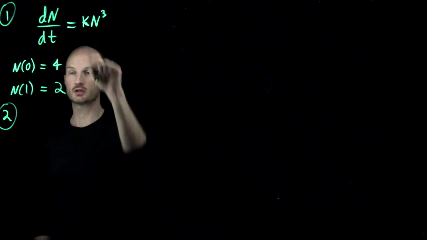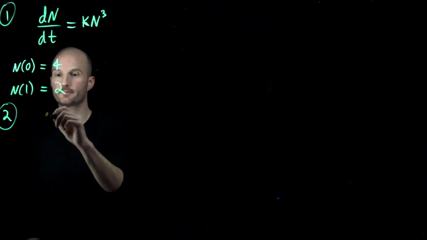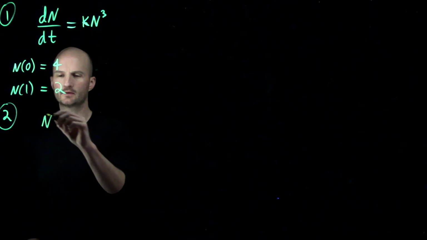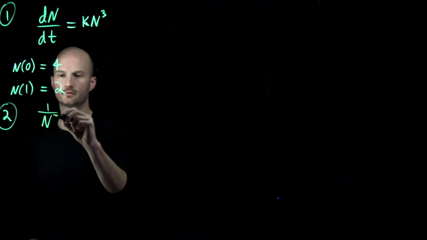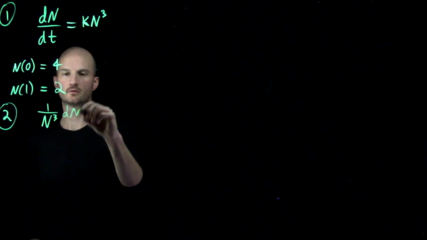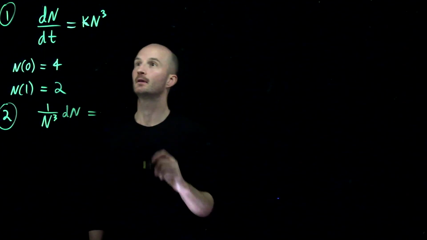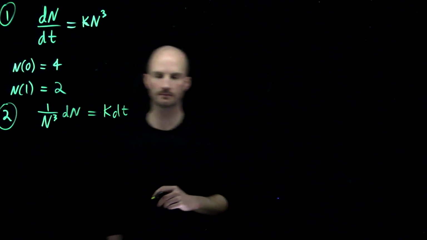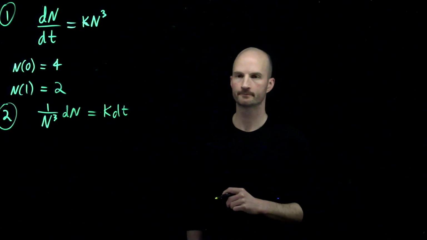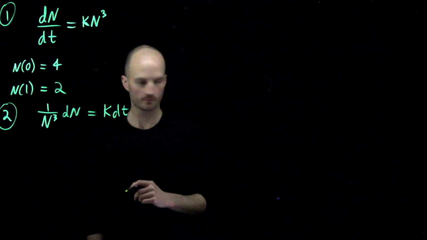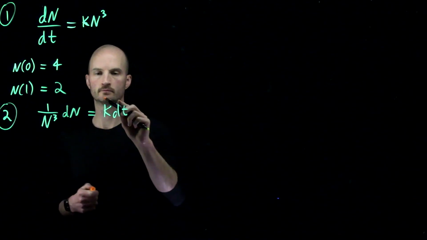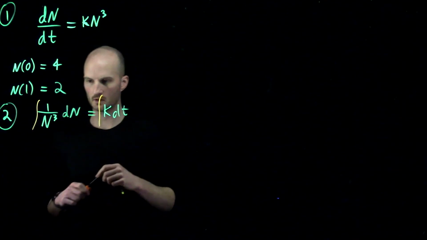So I take my equation up here and I separate, let's see, 1 over n cubed dn is k dt. And then we will integrate both sides as usual.